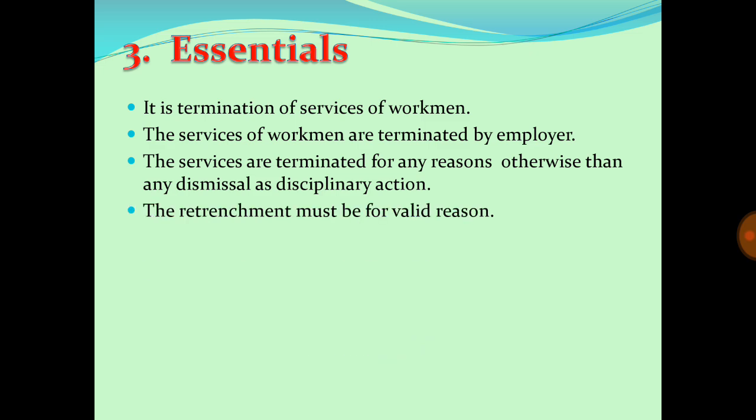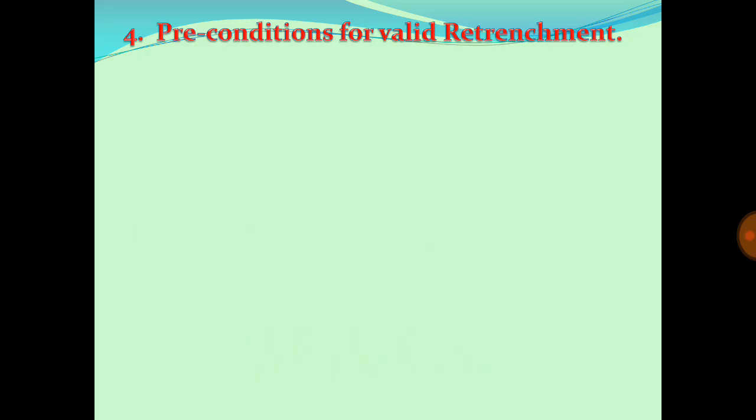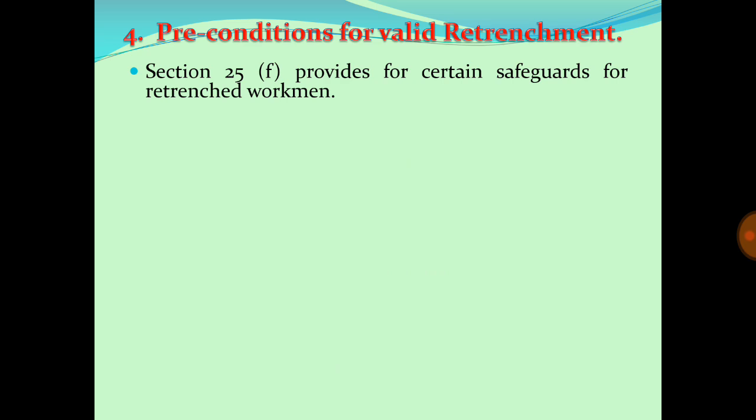Then the fourth essential is that retrenchment must be justified. It must be for a valid reason. It is the responsibility of the employer to justify the reason for retrenchment. Now we must see the preconditions for valid retrenchment. Section 25F provides certain safeguards for retrenched workmen.